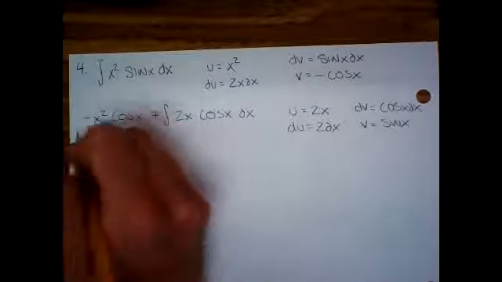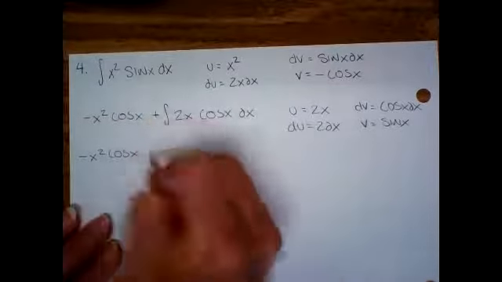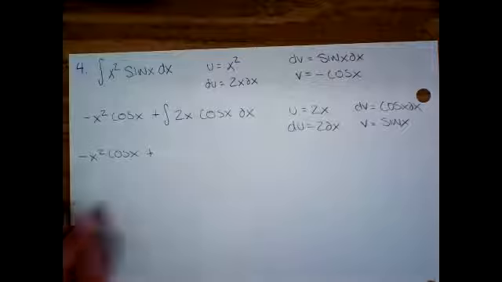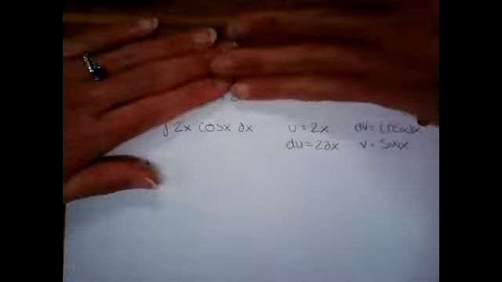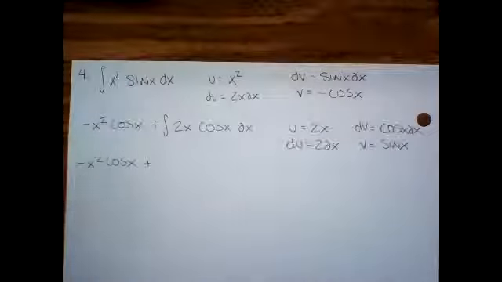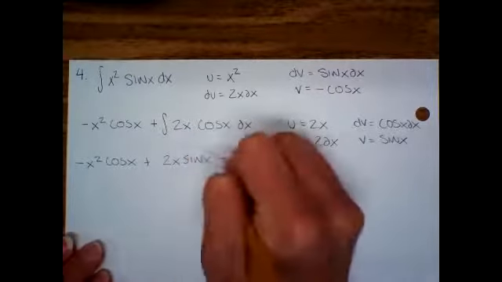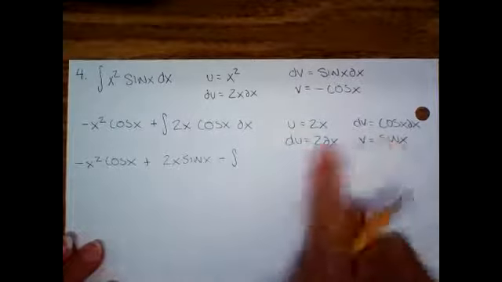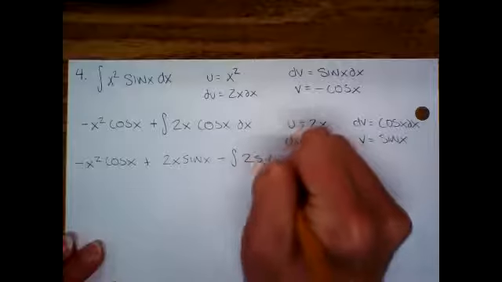So just bring that down to the next line. Plus, now let me just cover this up. Pretend that this was just the original problem. You would have u times v, so 2x sine of x, good, minus integral v du, which would just be 2 sine of x dx.